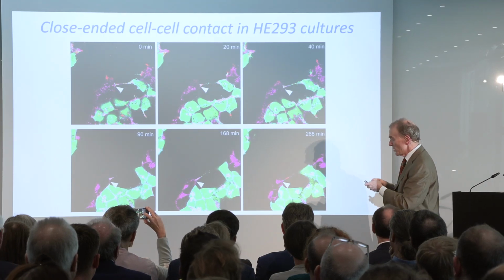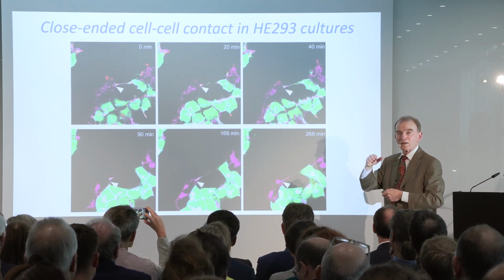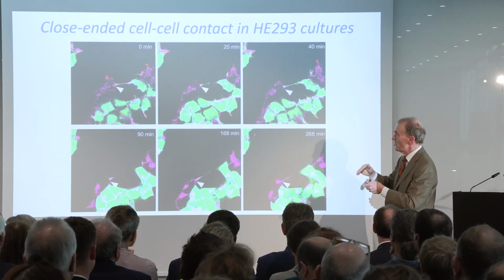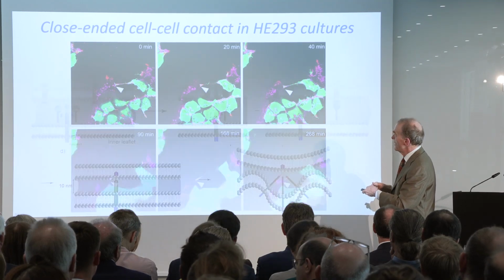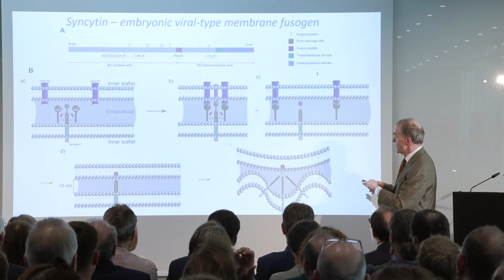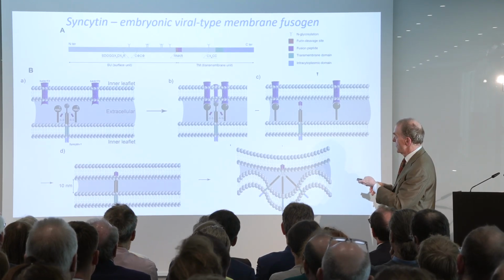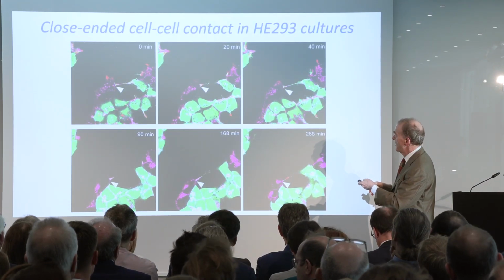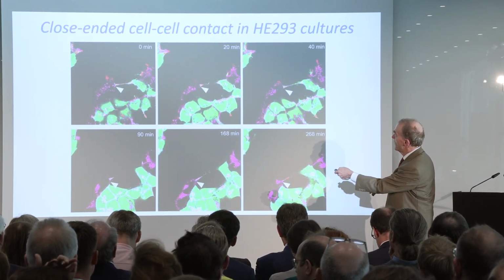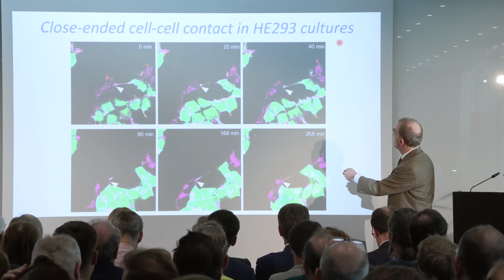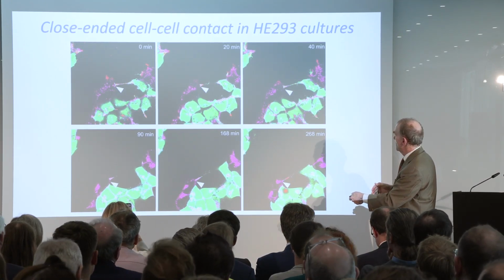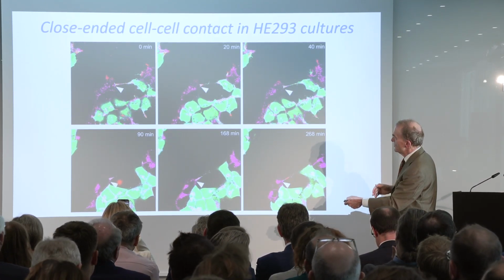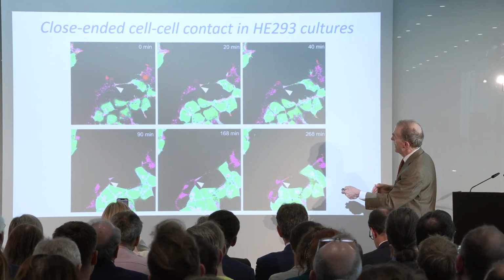And yet, when we repeated the experiment under conditions where transmission was not occurring and watched in time, over 20 minutes, 40 minutes, 90 minutes, even a couple hours, the junctions that form here persist.